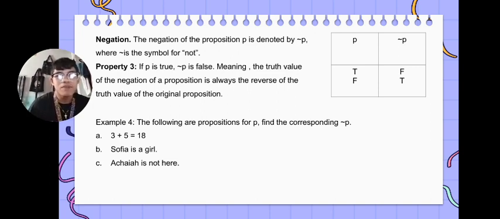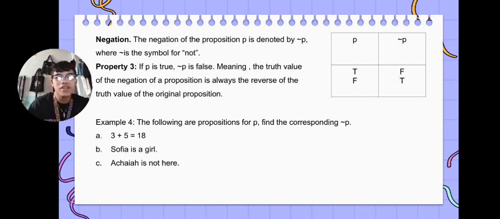Then property 3: if P is true, not P is false, meaning the truth value of the negation of a proposition is always the reverse of the truth value of the original proposition. One example in negation: if P is true, the opposite is false. Then if P is false, the negation is true.